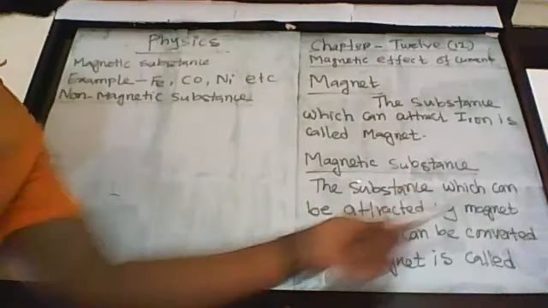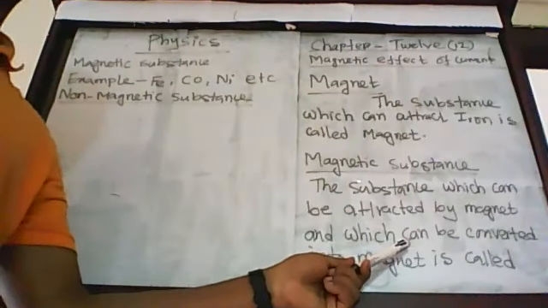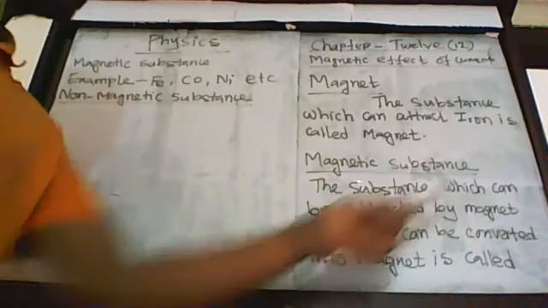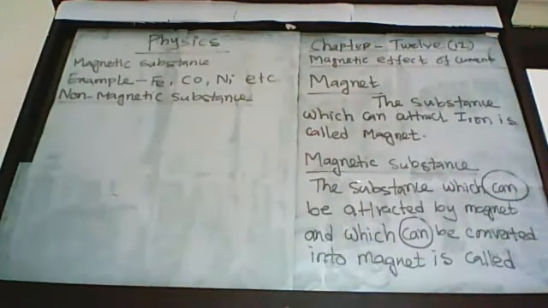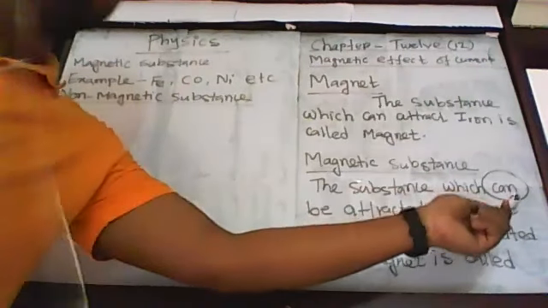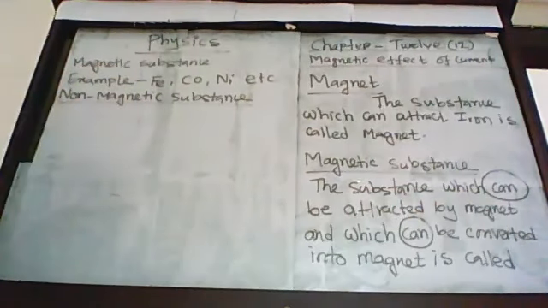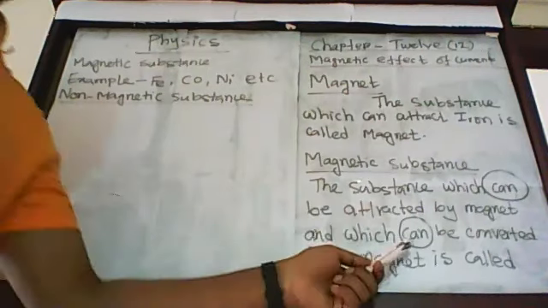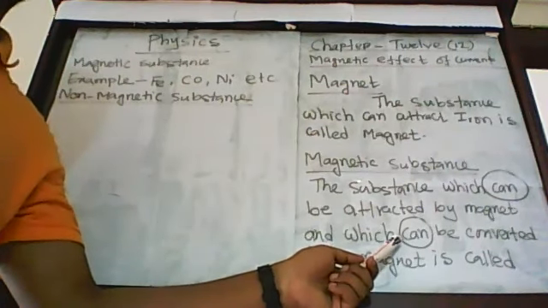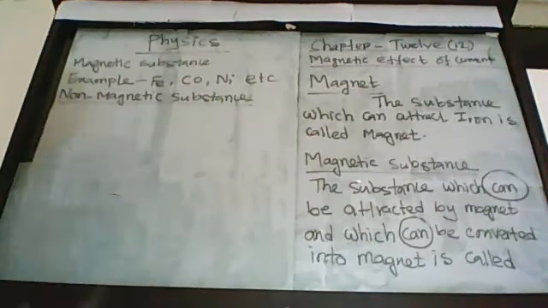So in the definition of magnetic substance, listen to me, if I mark it, these two 'can' are replaced by 'cannot'. This 'can' is replaced by 'cannot', and also this 'can' is replaced by 'cannot'. That's why those substances are called non-magnetic substance.